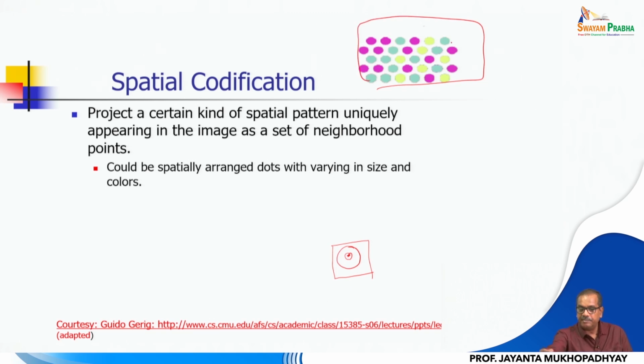You take any particular point, say this point. You see that it is characterized by its neighbors with this kind of distribution. Wherever this point is, it's uniquely characterized by another distribution. These are all unique. So in the image of the object also, you search for this pattern. It's like texture finding.